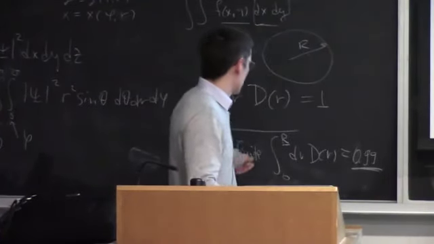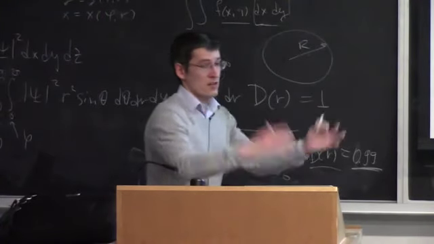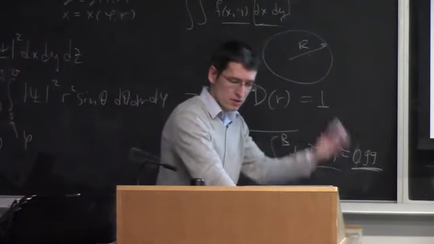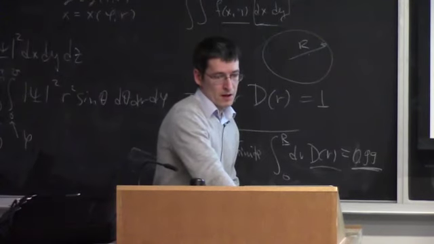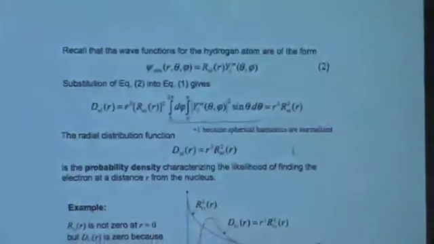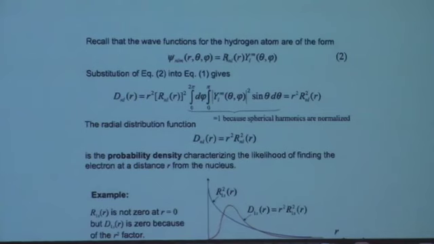But this function D(r) is a convenient function to define the size of the atom. It just requires knowing what the integral is equal to. Okay. Now, this is a little bit more algebra here, because if we're talking about hydrogen atoms or hydrogenic atom wave functions, they all have this form, the radial part times the angular part.